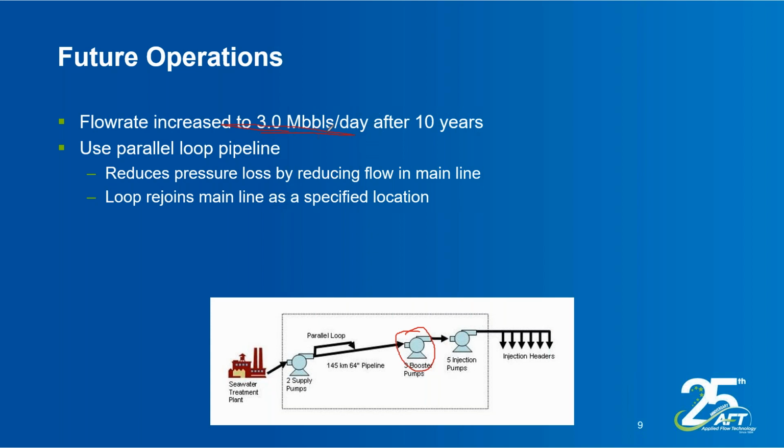But in considering higher flow rates 10 years down the road, that's where booster pumps were required, because with the higher flow, there were still too high of pressure losses in the system, where by the time that the flow gets to the injection pumps, that suction pressure still had to be boosted significantly to injection levels in order to avoid any cavitation problems of the injection pumps.